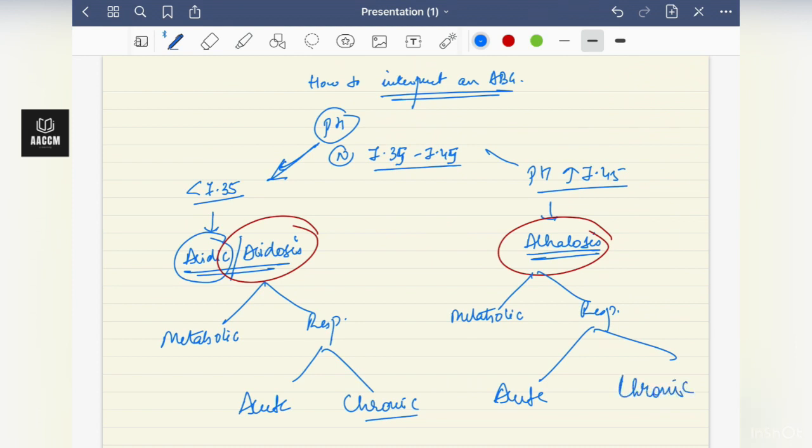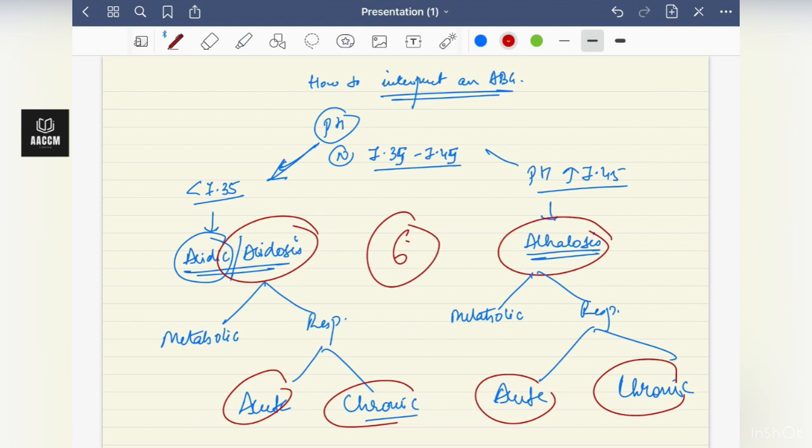So, if we see clearly, now we have around 6 primary defects of acid-base abnormalities. Okay, there are other defects also where we have mixed acid-base disorders that will be dealt with in a later class. So today we will be dealing with the basic 6 abnormalities in the acid-base problems.